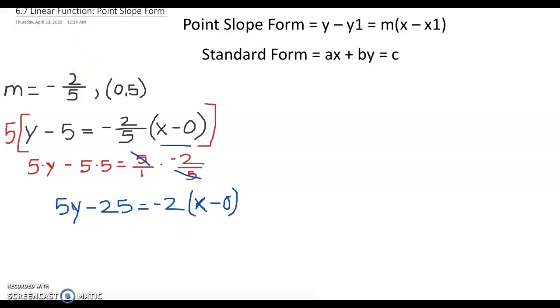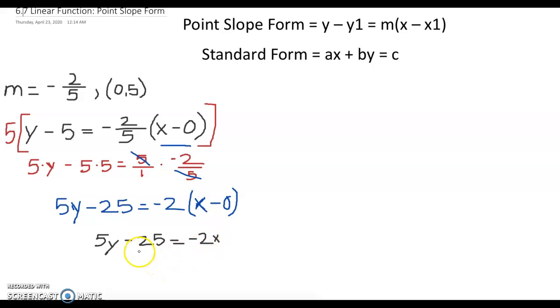We're going to distribute negative 2 times x and 0. So I'll rewrite the whole thing: 5y minus 25 equals negative 2x, and then we have nothing, because negative 2 times 0 is 0.